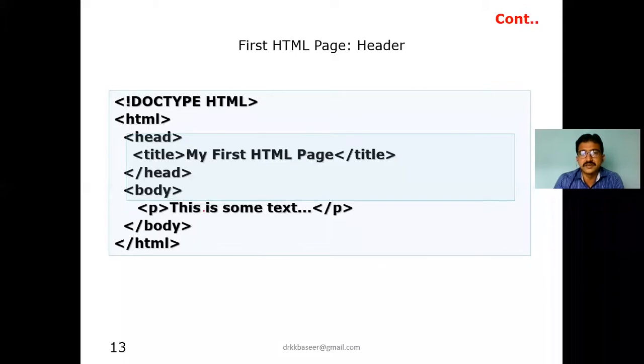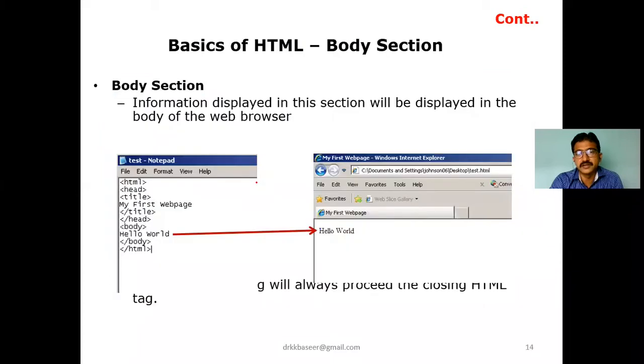Okay. And this is another example of a header. Here, I said an HTML page consists of two sections, head and body. In the head, we mention the title. In the body, we represent the actual things we need to display. Whatever you represent in the body will be displayed as it is in the web page, from the top and left: display hello world.